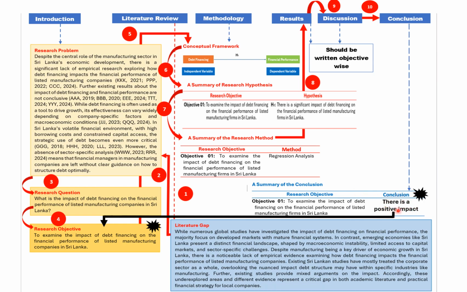Again, you can see that here I have indicated these black symbols with this particular arrow. Your conclusion links with the research objective in your introduction chapter. At the end, you have to check whether you achieved your objectives or not, right?